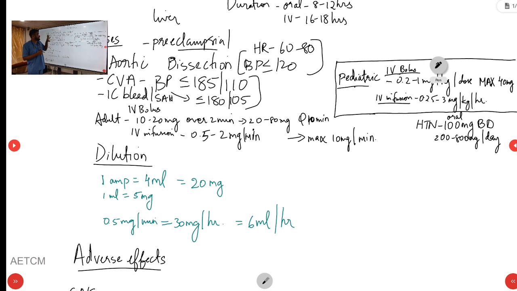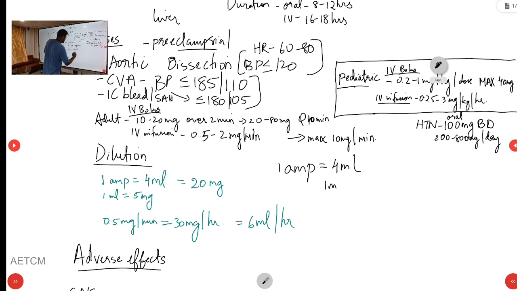So, what are the basic doses we use for these conditions? In adults, the dosing is given as bolus doses. How is the drug available? It is available as an ampule or vial. One ampule has around 4 ml of labetalol, and 1 ml is equivalent to 5 mg of labetalol.